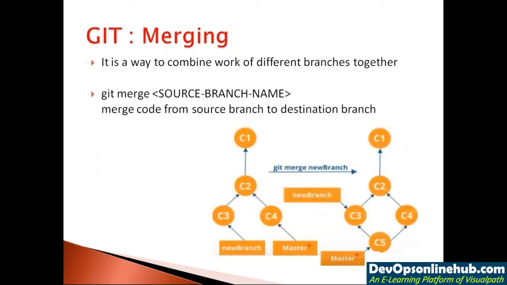After branching, we will go to merging. It is a way to combine the work of different branches together. What does this mean? As we see, the changes committed to the first branch are not in the master branch because it is the opposite way.